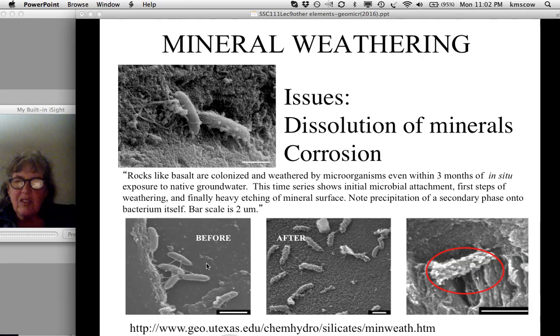So even a clean surface will start to be coated with these organisms, and also with a layer of organic material as well. And here's a little bit later in this succession, where this material's been longer in, for example, the water, where you start to get this rough surface.